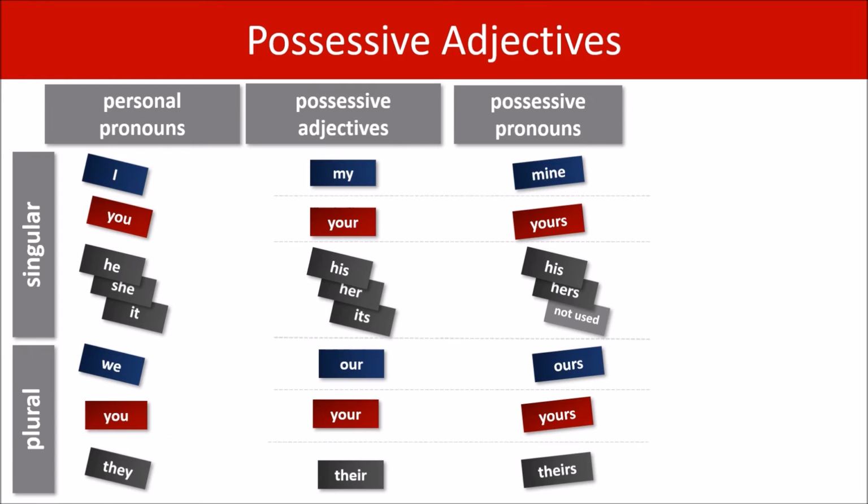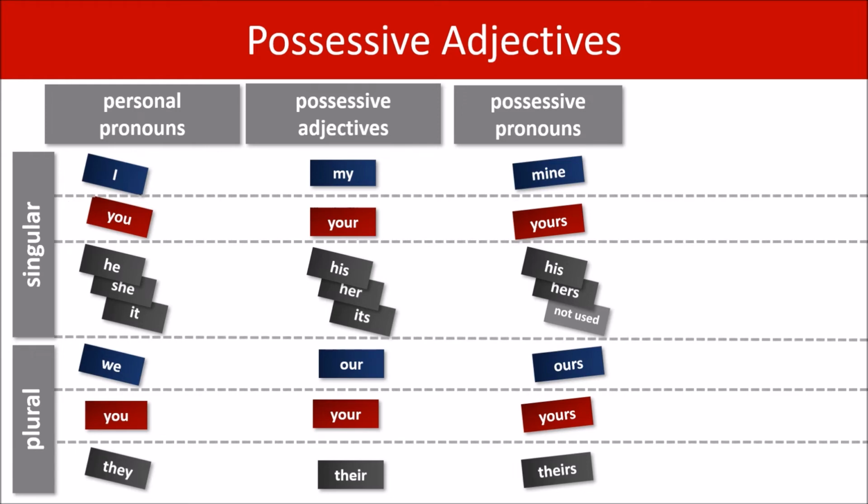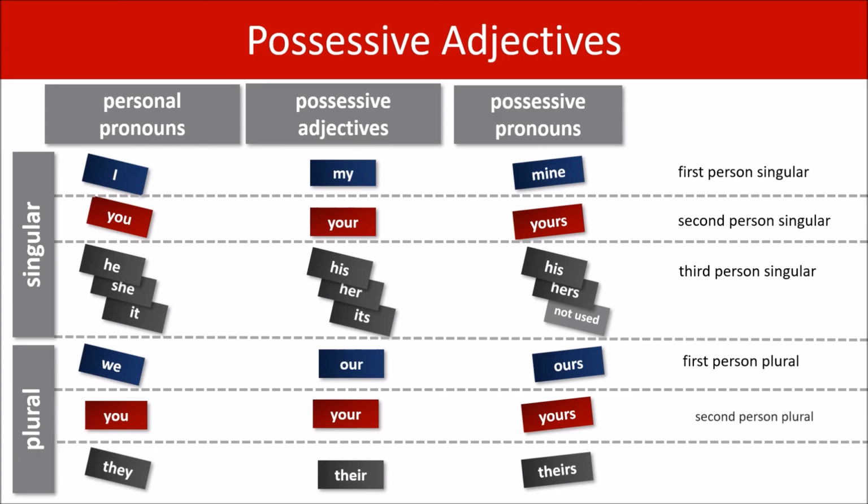The next thing I'd like to do is just give you a bit more terminology. This row is called the first person singular row. This is called the second person singular row. And this one the third person singular row. And then we switch to the plural rows. First person plural, second person plural, and third person plural.